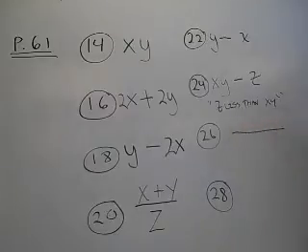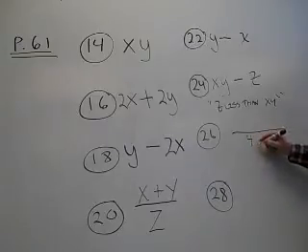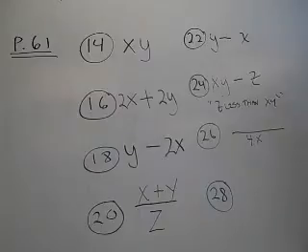Division bar. The product of 3 and z is divided by 4 and x. What goes on bottom? 4 and x. 4 times x. Because the product of 3 and z is 3 times z. That goes upstairs.